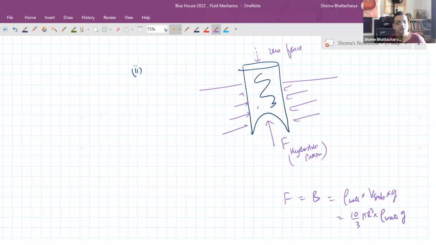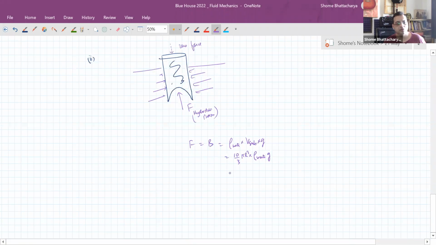In terms of mg, it was equal to 10 by 16 into density of water divided by density of metal. So this F was 5 by 96, so this should be the answer.